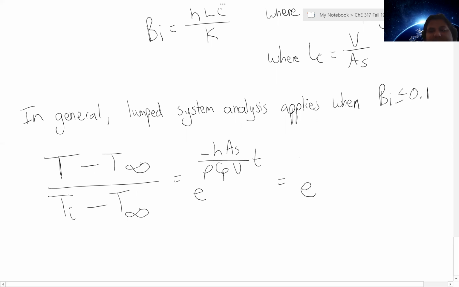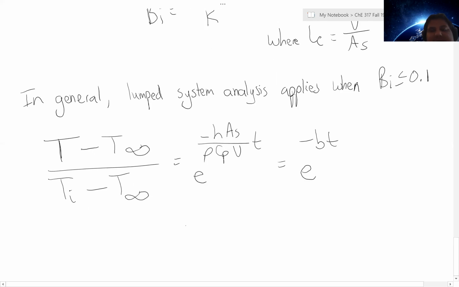Or if it makes it easier, you can just write it e to the negative b t, lowercase b, where b is equal to h A_s over rho C_p times V.